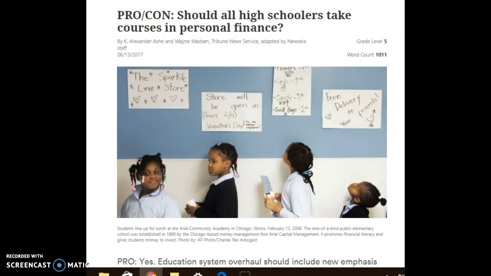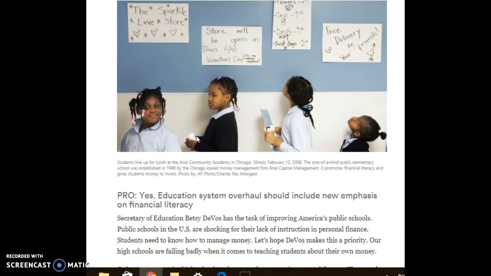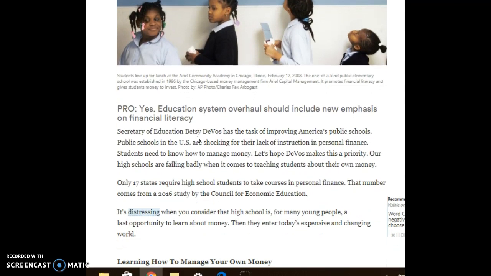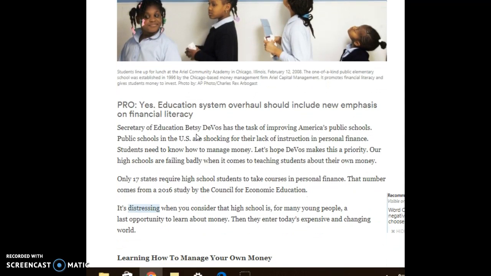Once you have all 3 colors out, go ahead and follow along with me. Like I said, we're just going to read the pro article, and so right off the bat, these articles make it super clear for you with the claim right there in the title. This author believes that yes, education system overhaul should include new emphasis on financial literacy.